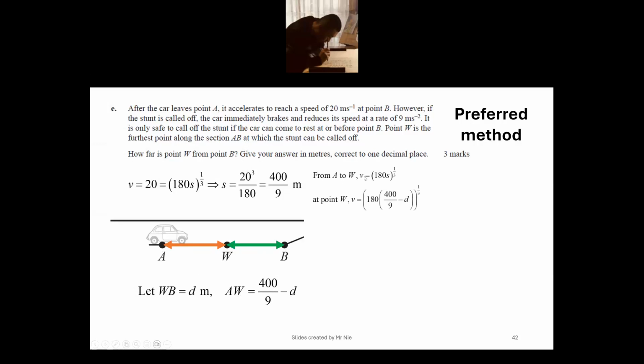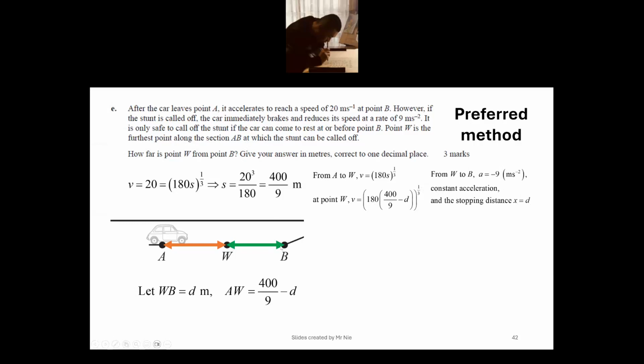From A to W, because v equals 180 s to the power 1/3, this is the distance, and we can sub that into the velocity function. So I can express the velocity at W as 180 times (400 over 9 minus D) to the power 1/3. Then from W to B, a equals -9, and the stopping distance is D.